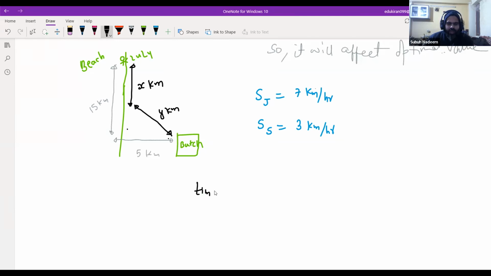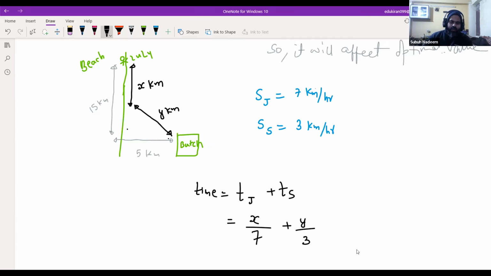So time will be time taken to jog plus time taken to swim. Time taken to jog is distance by speed. So distance of jogging is x and speed of jogging is 7. Distance of swimming is y and speed of swimming is 3. So this is the function in x and y.